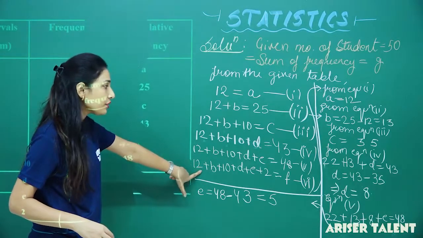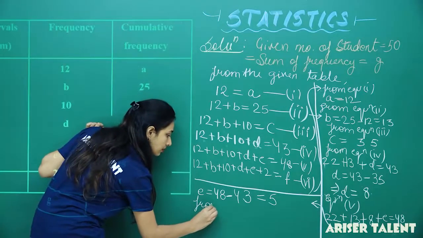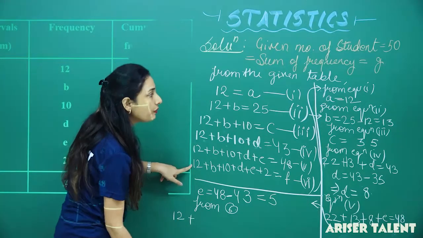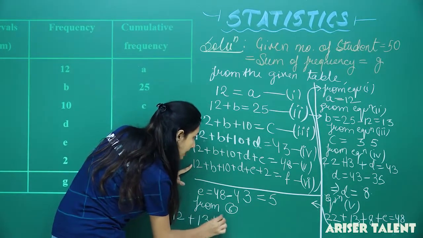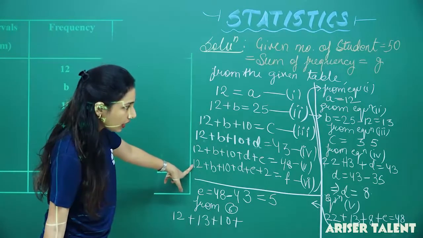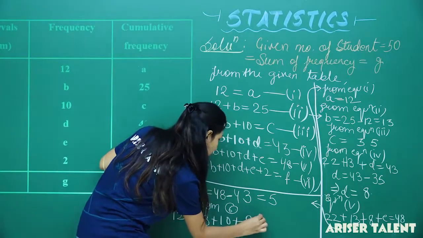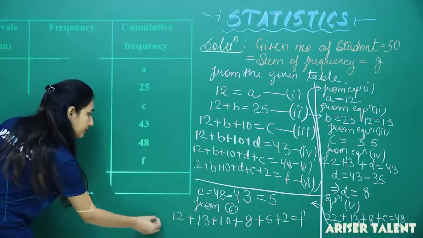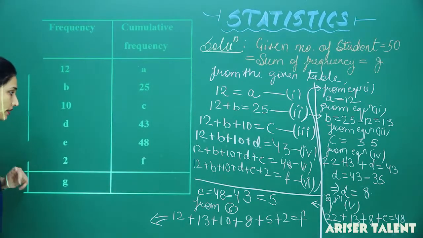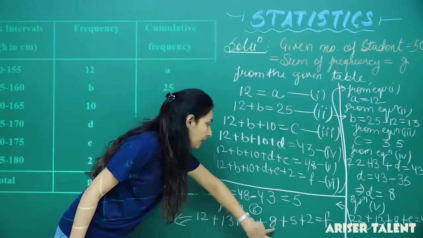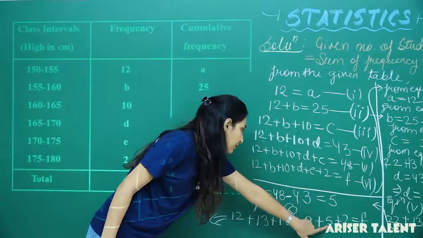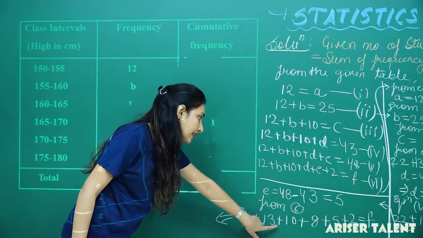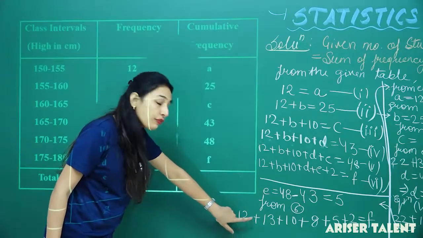So, you are remaining with the equation number 6. So, from 6 what you having? 12 plus the value of B, which is equals to 13, plus 10 plus D. The value of D was 8, value of E is equals to 5 plus 2 equals to F. So, from here you get this value as 8 to 10, that is 15, 15 plus 10 25, 25 plus 10 35, then 36, 37, 38, 39, 40, 40 plus 10 50.